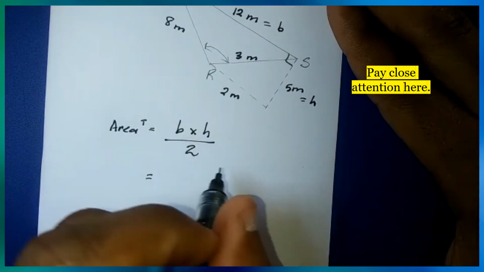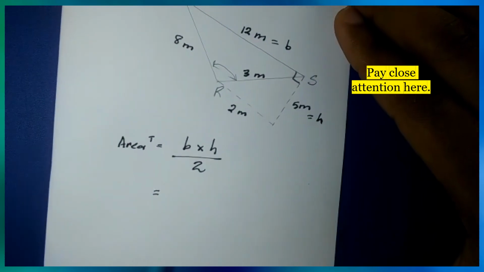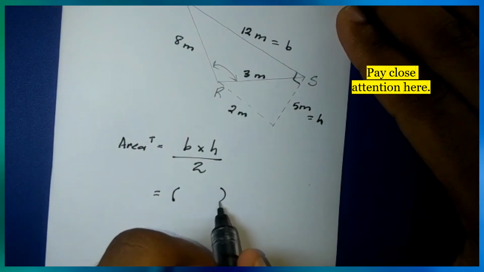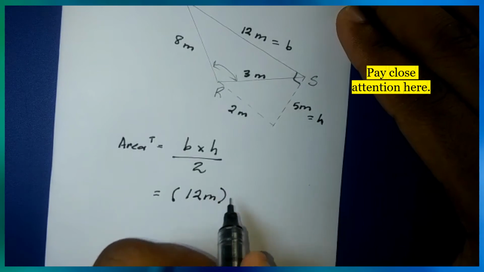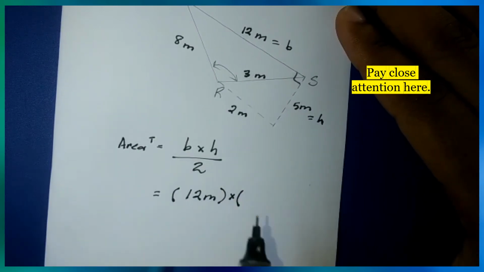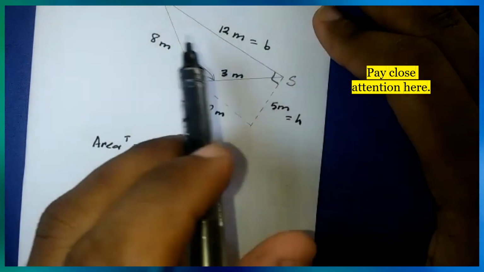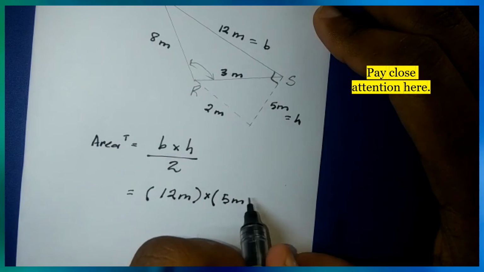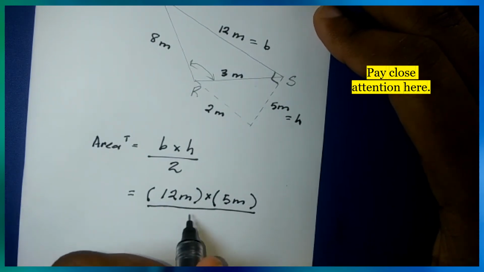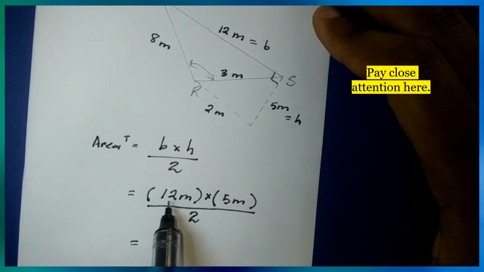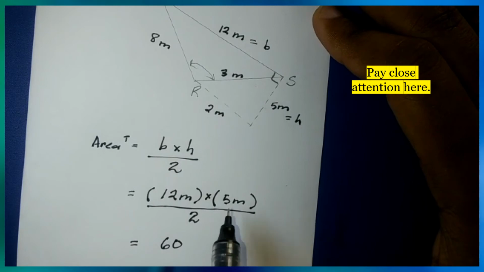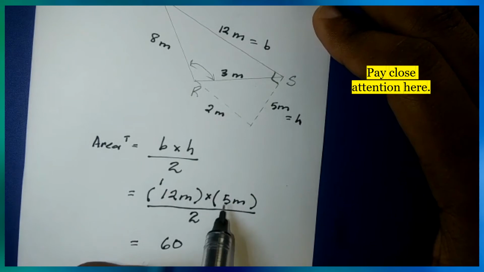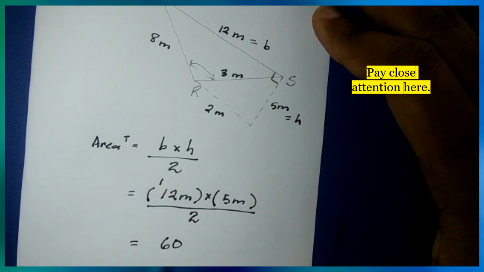So my B value is 12 meters. So I'm replacing B with 12 meters. Following my formula times my H value, here, 5 meters. Then I'm going to follow the formula and divide by 2. 12 times 5 will give me 60. 5 2s are 10, bring 1, 5 1s are 5, plus 1 is 6.